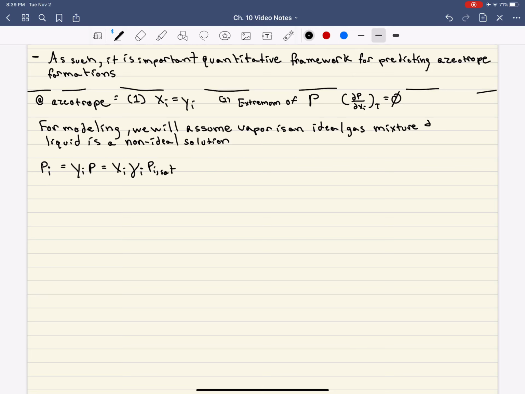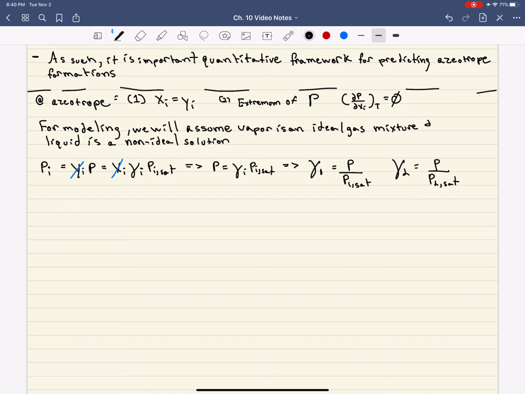But we know that if we have an azeotrope, xi is going to be equal to yi, and since they're on both sides of the equation, we could cancel them out. Therefore, we could rearrange the equation so that our total P is just equal to gamma i times pi sat. Or, rearranging, gamma 1 in our binary mixture is equal to P over P1 sat, and gamma 2 is equal to P over P2 sat.